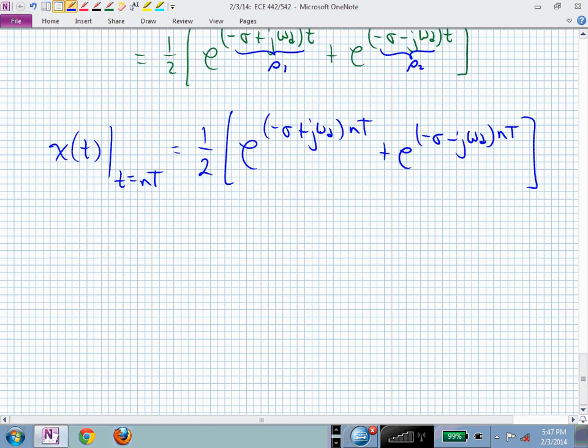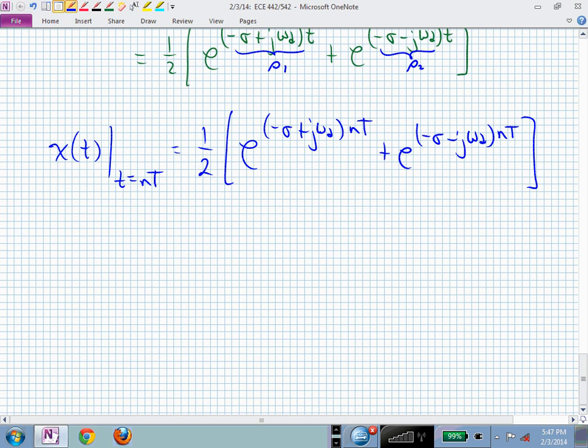And what we can try to keep track of is what's sort of fixed and what's a function of time. Capital T is fixed once we pick the sample period. Sigma is fixed once we know the decay amount. And omega sub d is fixed once we've determined or been given the damped frequency of oscillation. The time variable is that lowercase n. So let's factor that out and put everything else together.